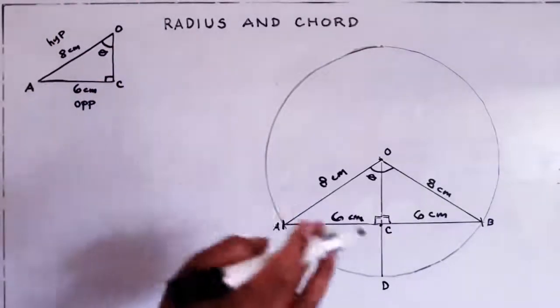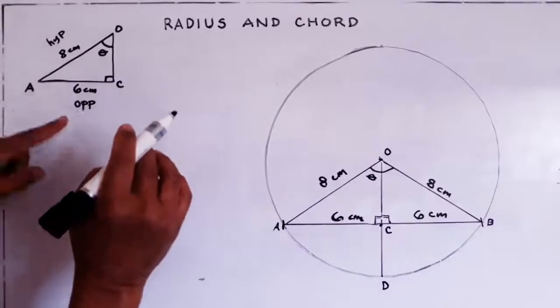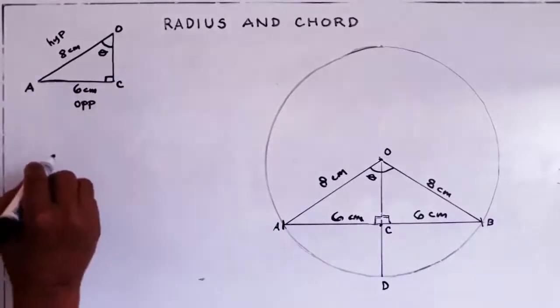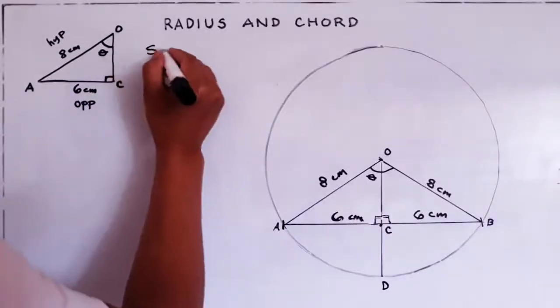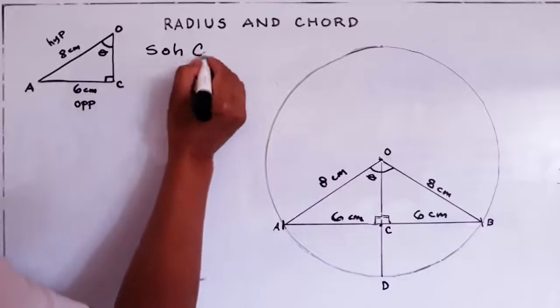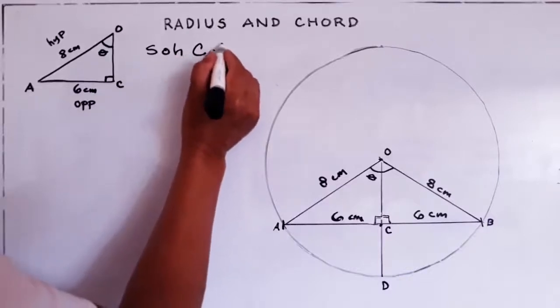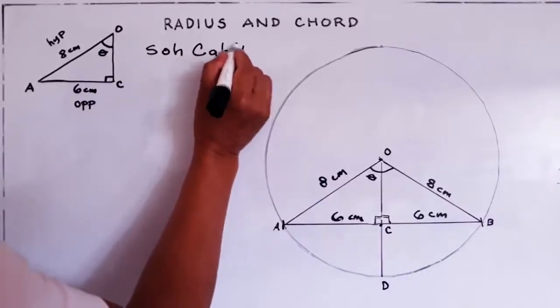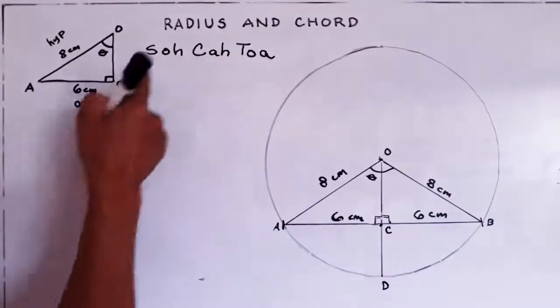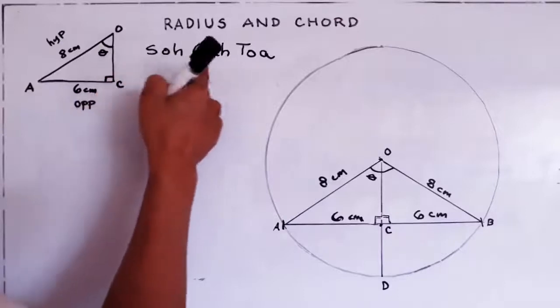So what kind of function are we going to use so that we can have the opposite and the hypotenuse? Based on our SOHCAHTOA, sine is opposite over hypotenuse, cosine is adjacent over hypotenuse, and tangent is opposite over adjacent. Now we have the 3 basic functions.